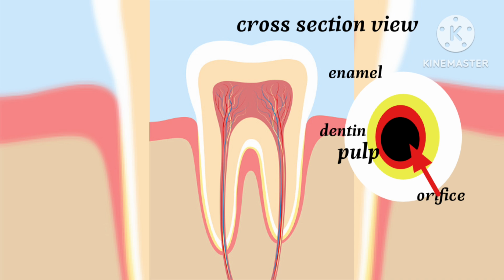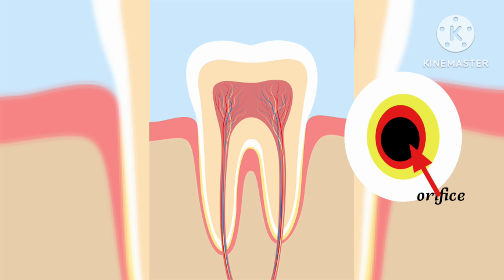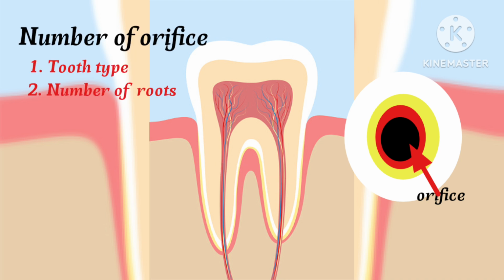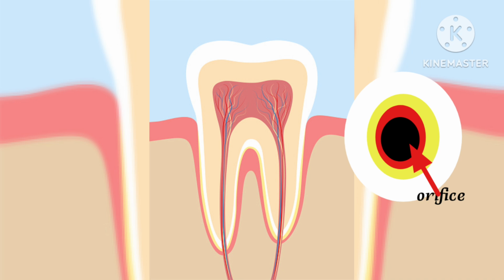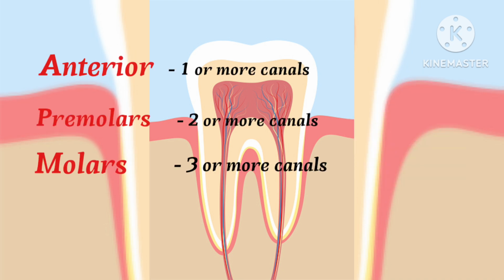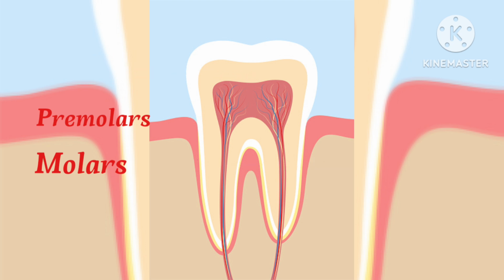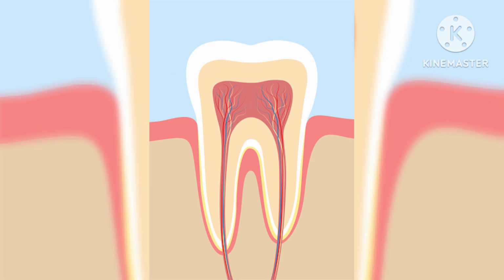These openings are known as orifices, and each orifice leads into a canal. Number of orifices depends on the tooth type and number of roots. For example, anterior may have one or more canals, premolar may have two or more canals, and molars may have three or more canals. Each orifice leads into a different canal.